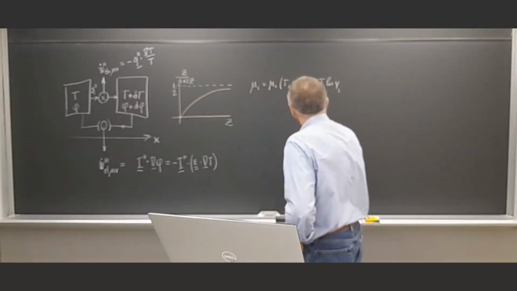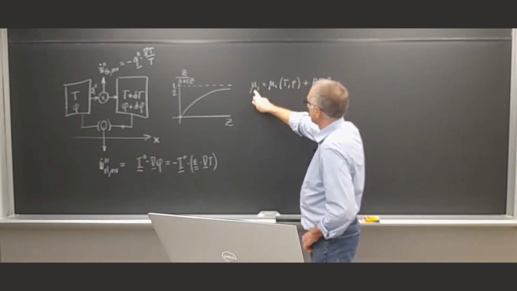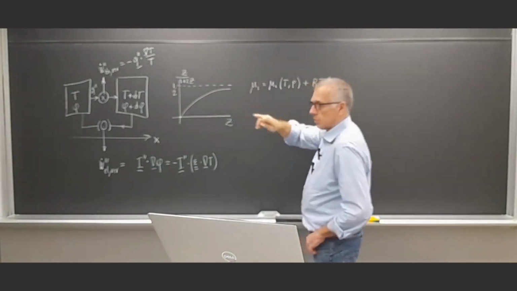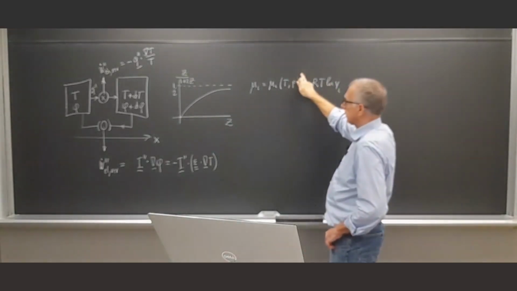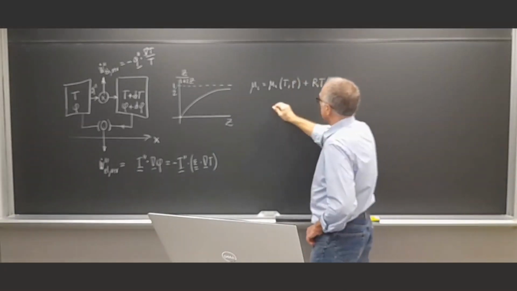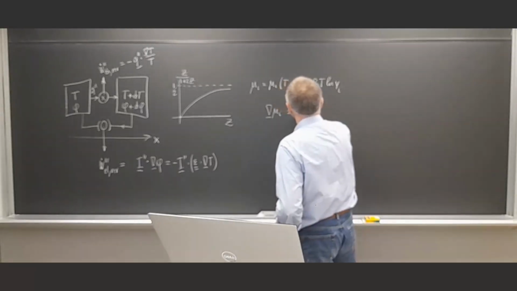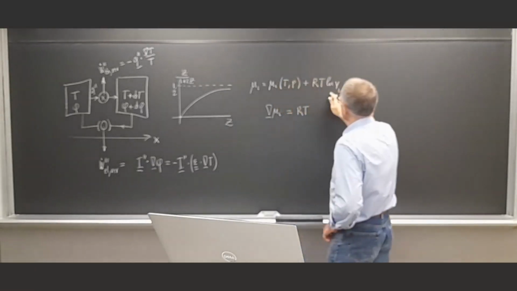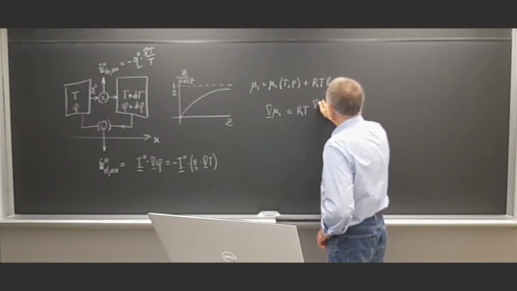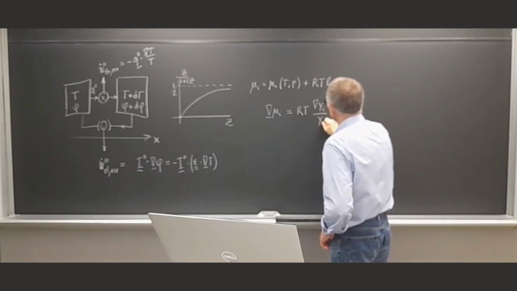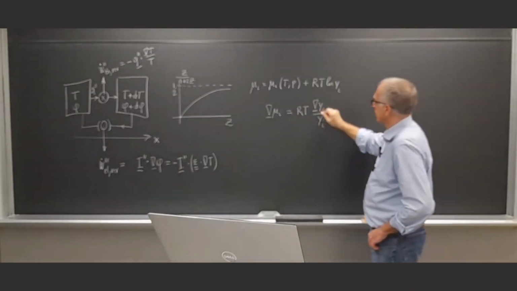For an ideal mixture, you can write this, and therefore the gradient in the chemical potential, because here we are at fixed temperature and pressure, so this doesn't enter into the gradient, and so then you get that the gradient in mu is RT times the gradient of the logarithm, so that's the gradient over y.